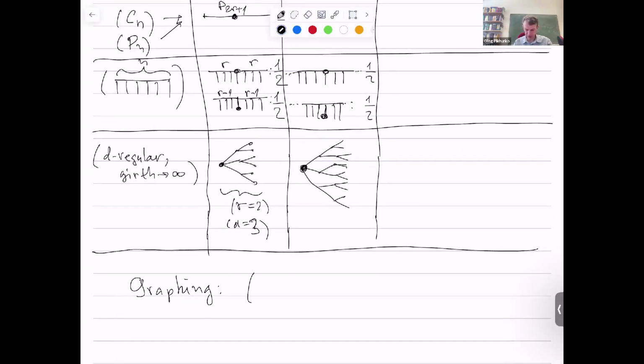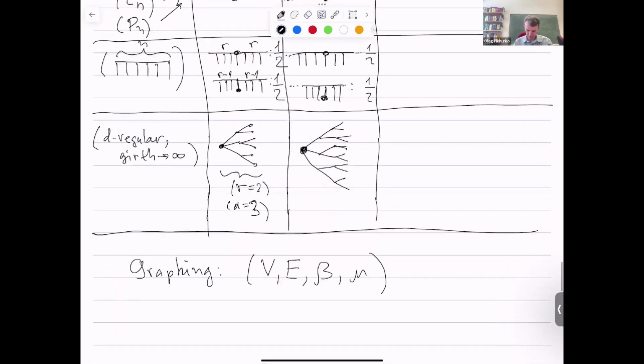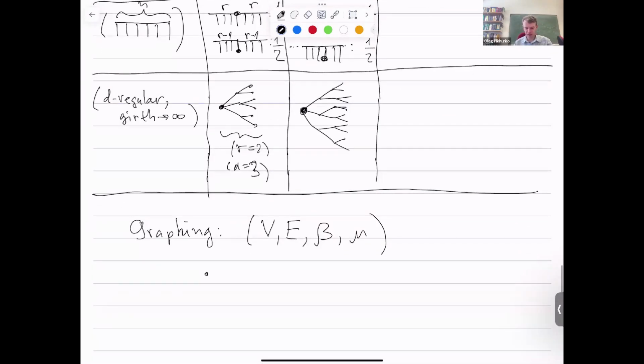So it will be a quadruple. I'll just write first all the terms and then try to explain each one by one. First, we have V as a set of vertices, and it would typically be a continuum, and you can assume it's the unit interval [0,1]. Actually, in every case, by some isomorphism, we can assume, as far as local convergence is concerned, that it's the unit interval [0,1].